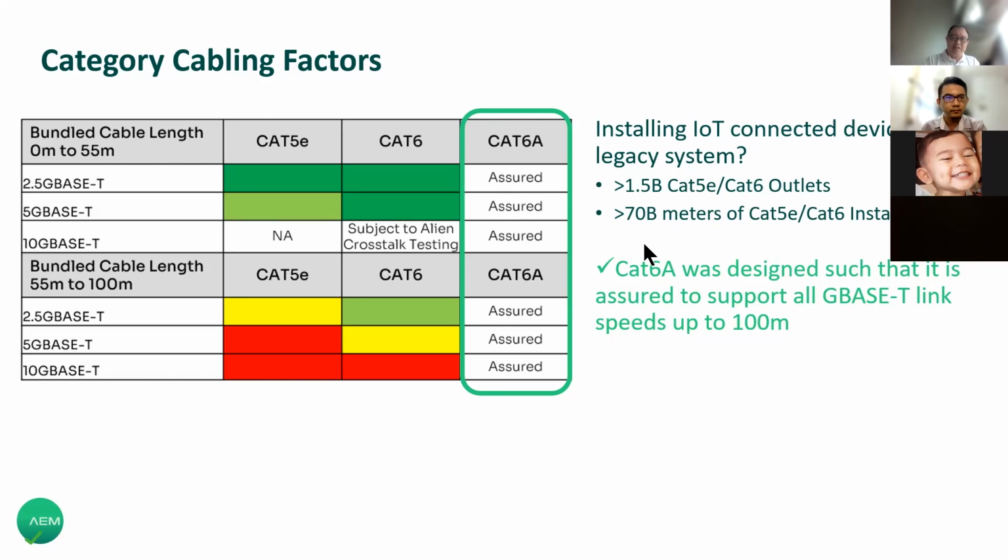When we follow the TIA and ISO standards, a channel link is up to 100 meters. But some IoT devices can go beyond 100 meters, because IoT devices are not running at high speed, but at very low speed, like 10 meg or 100 meg. So sometimes with IoT devices, you can run longer.